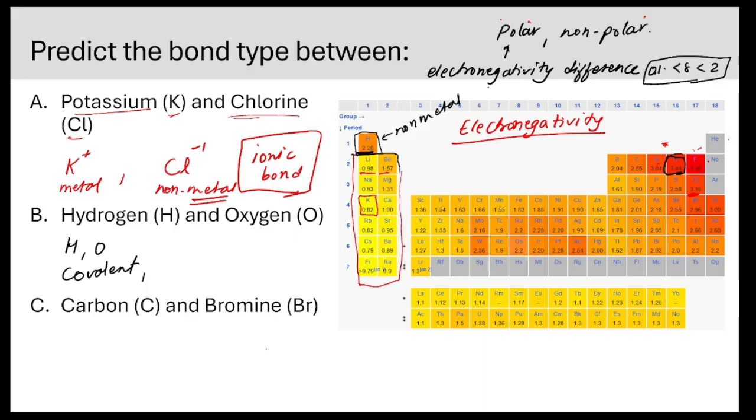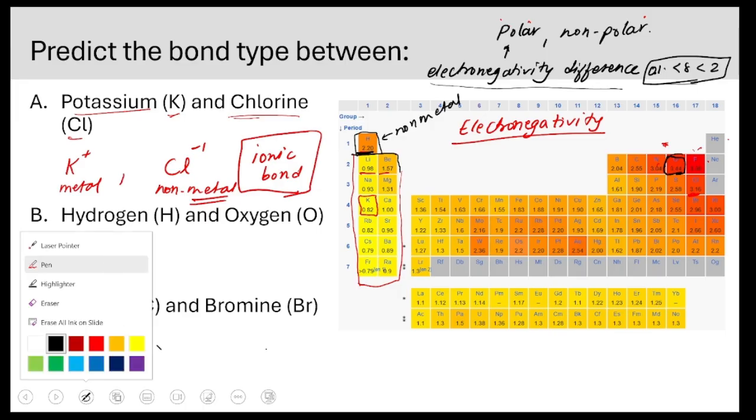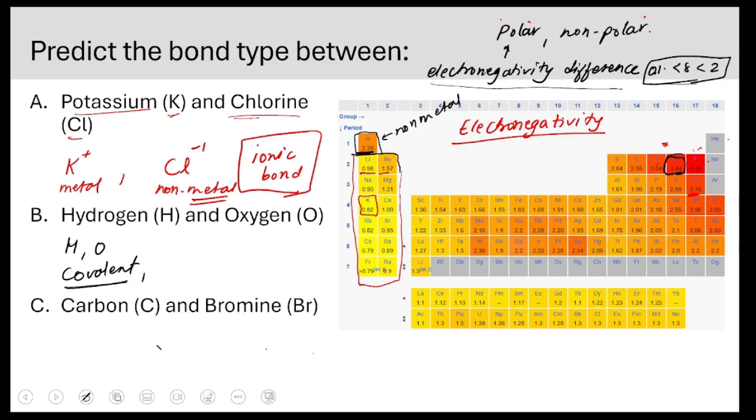If the electronegativity difference is between these values, then this covalent bond will be polar covalent. Electronegativity of hydrogen is given here, 2.2.